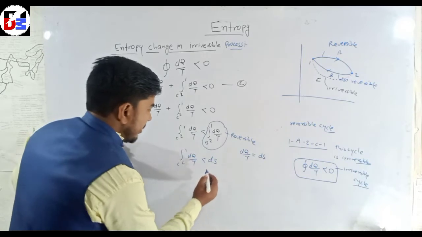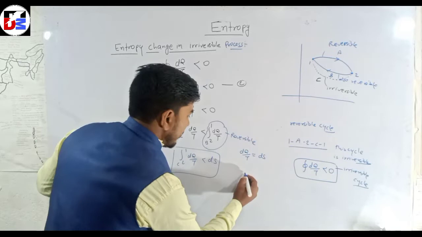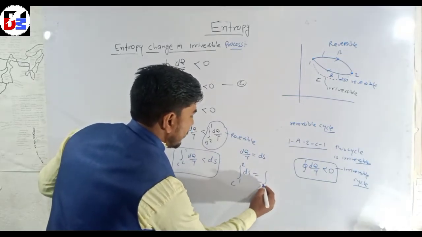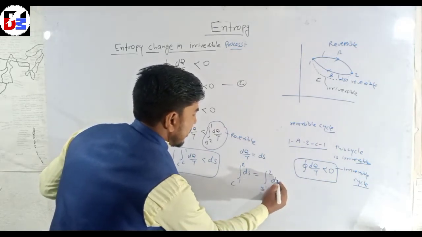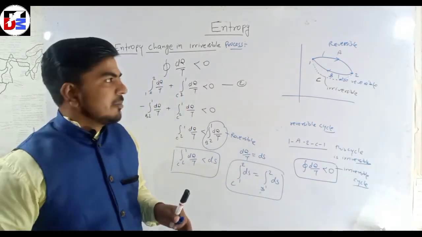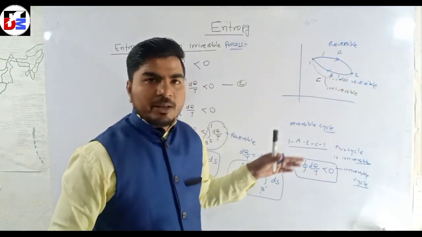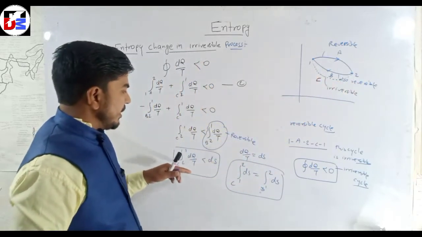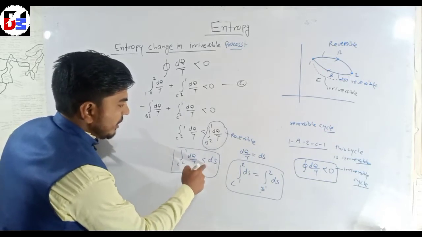And dS is a property of the system. That means the dS from 1 to 2 along path C is equal to that along path B. dS is a property of the system: either following path B, S2 minus S1, or following path C, S2 minus S1, is the same. So we can write here C from 2 to 1 dQ/T is less than dS.